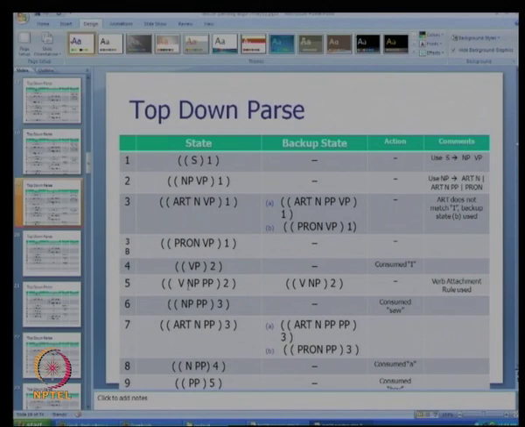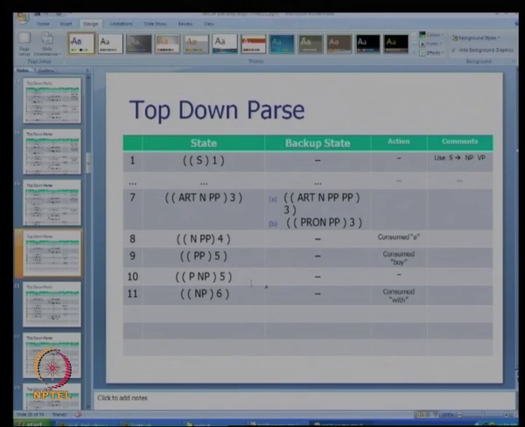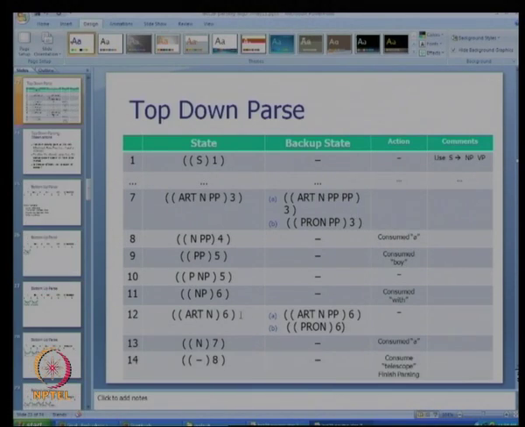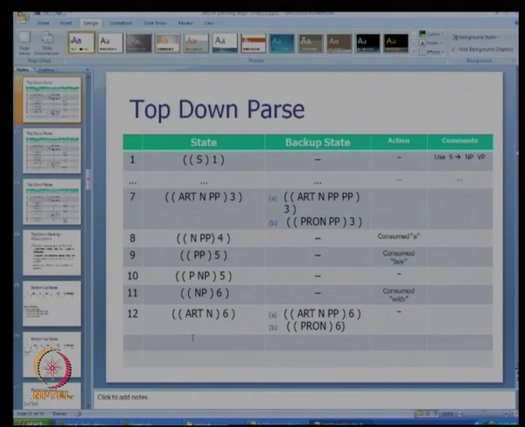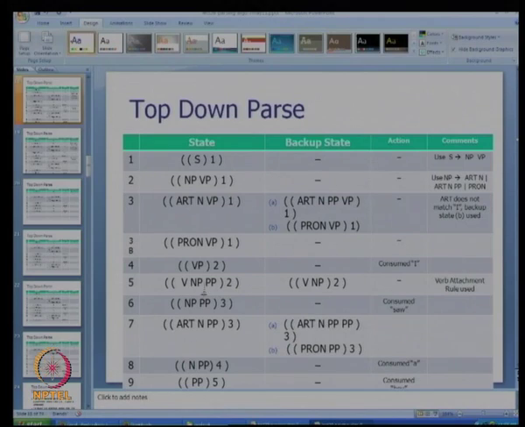This V, N, P, P, P path was pursued, and that finally led to telescope being consumed at the final step and S also getting popped from the stack. So, this is the path which is pursued with V, N, P, P, P.